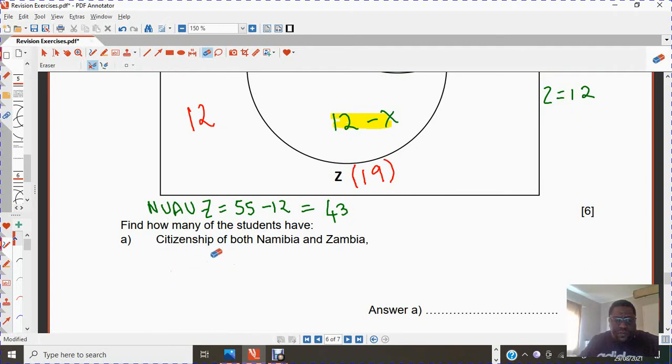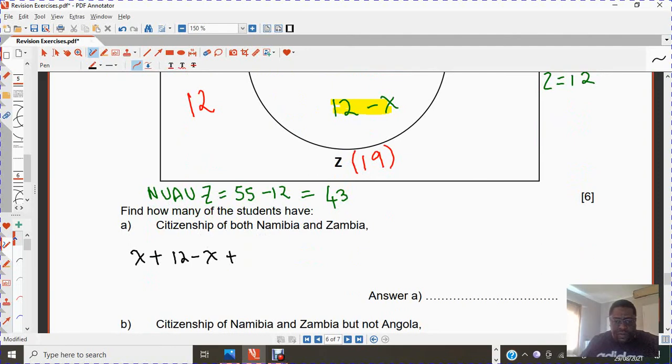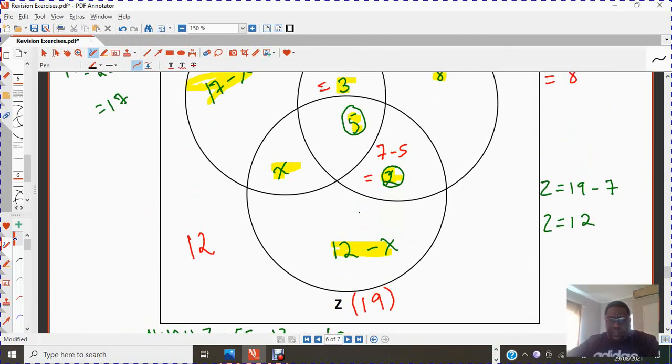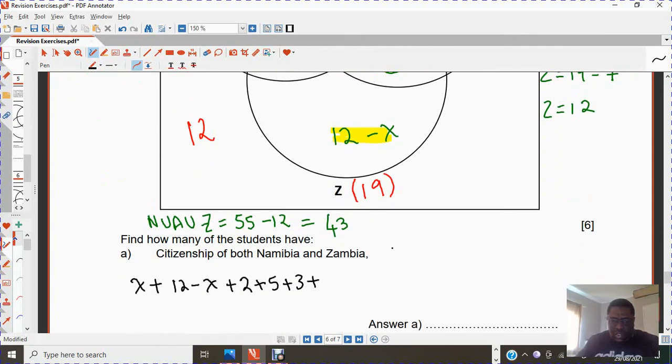It's kind of a hassle, right, to get used to all of this. x plus 12 minus x plus, I know there is a 2 and a 5 and a 3, plus 2 plus 5 plus 3 plus 8 plus 17 minus x. All of this should give me 43.